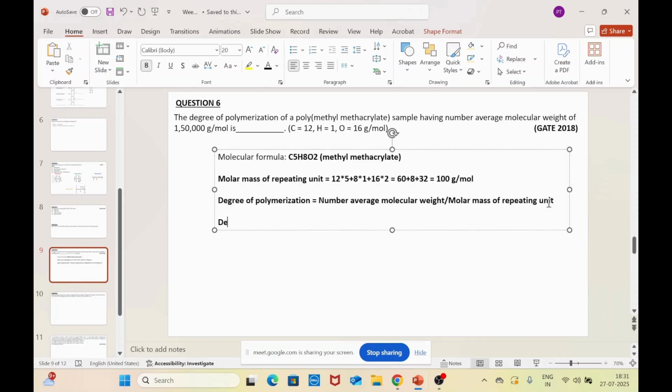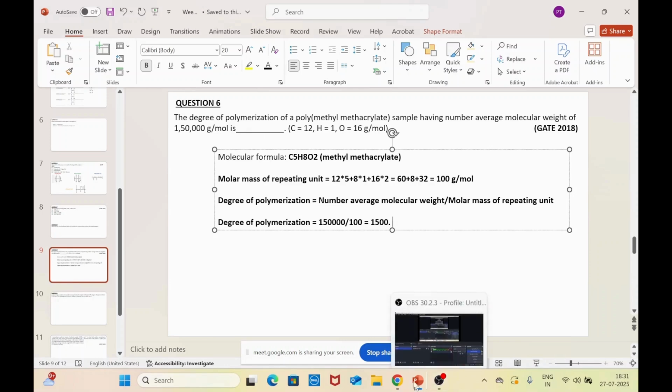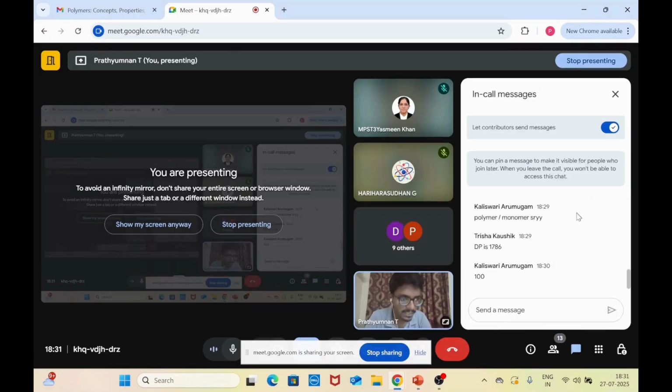That is, degree of polymerization is equal to 1,50,000 by 100, that is 1,500. So this is what I am getting as the answer.